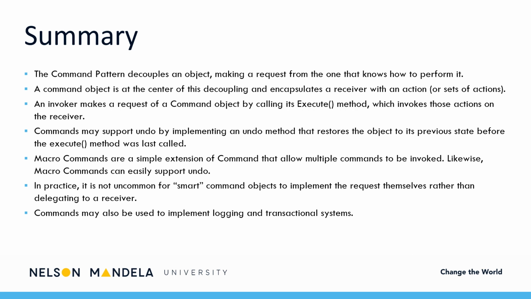Okay, so welcome to the end of this pattern. We know that the command pattern decouples an object making a request from one that knows how to perform it, and that is your receiver object. It makes use of its execute method, which is in the command interface, which invokes those actions on your receiver.